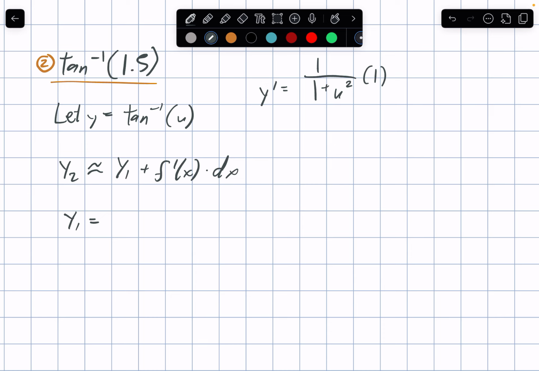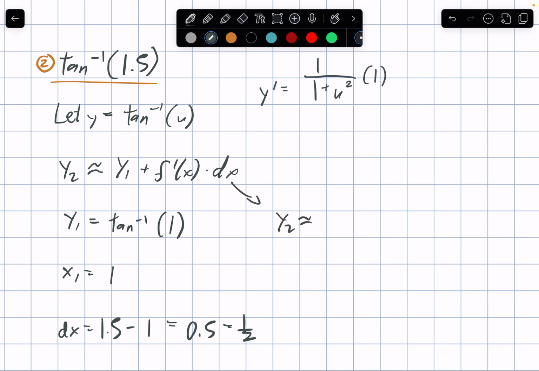What's closest to 1.5? Let's try arctangent of 1. Therefore, our x1 is going to be 1. Our dx is going to be from 1.5 to 1, 0.5, or 1 half. So y2 is equal to arctan 1 plus, there you go.